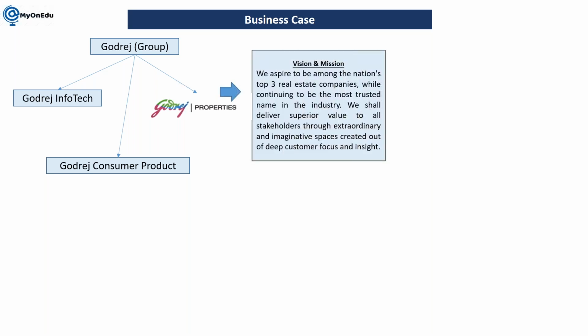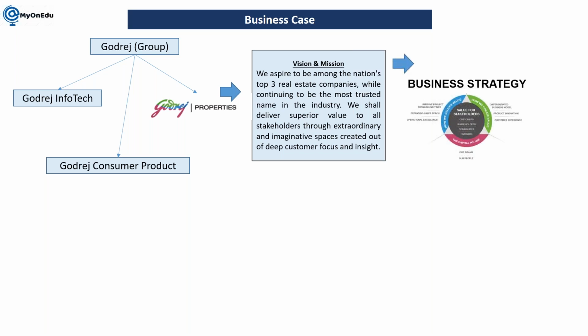So this company has its own vision and mission. When the company was formed, they defined one vision and mission for the organization. To achieve this vision and mission, they need to define the business strategy, which is their main goal to achieve what they state in the vision and mission.